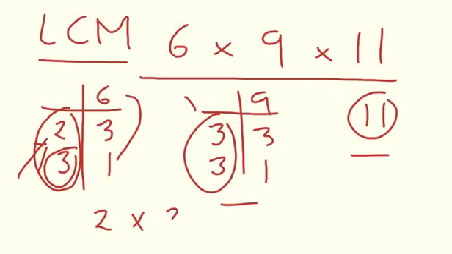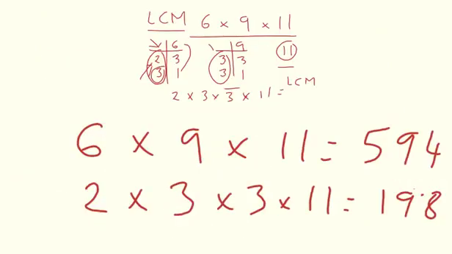And it's here. 3 times 3. And is there 11 here? No. No. But there's 11 at the end. So you take the 11 here. So 2 times 3 is 6. Times by 3 is 18. And then 18 times by 11 will give you the lowest common multiple.